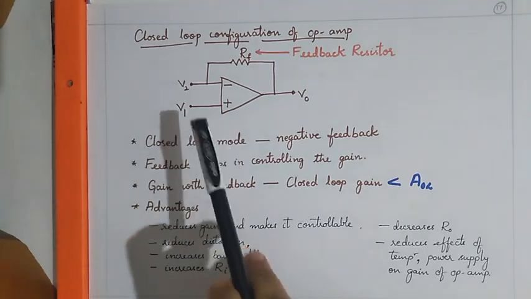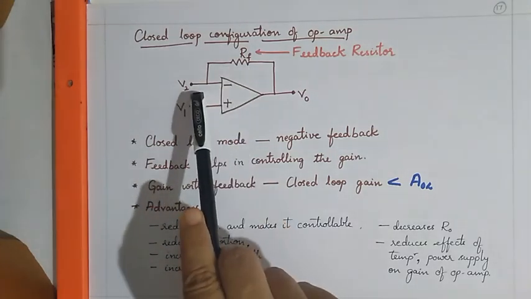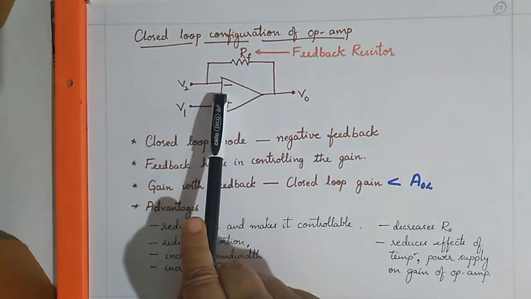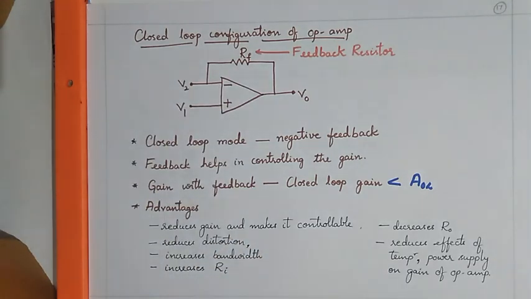Since the end of the feedback is connected to the inverting terminal of the op-amp, the feedback is said to be negative feedback. The feedback resistor allows part of the output to be fed back to the input through the RF resistor.